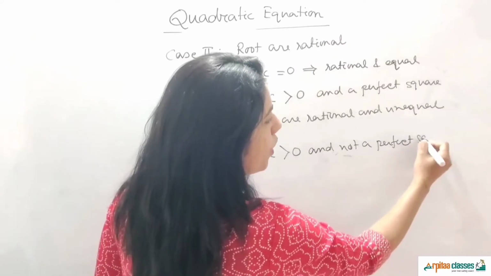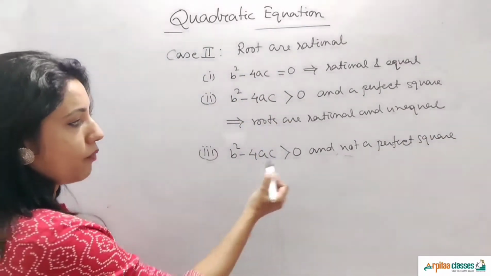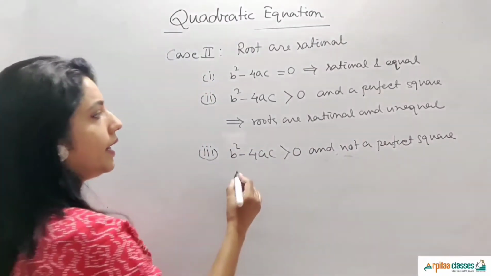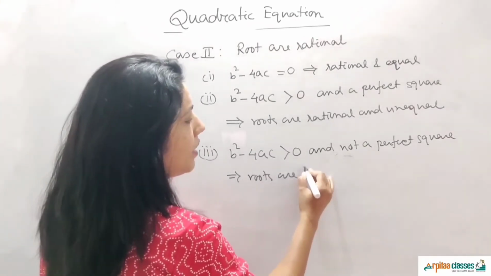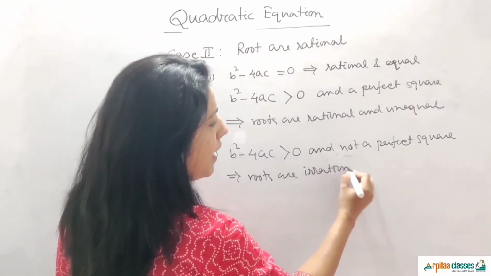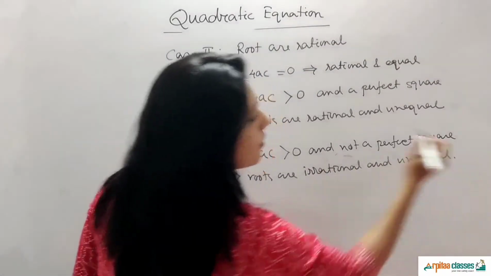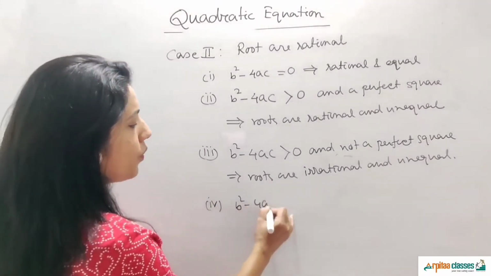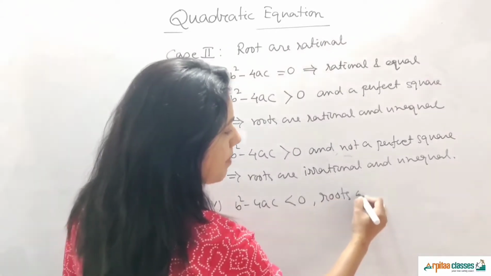If b square minus 4ac is greater than 0, but the value is not a perfect square, in that case roots are irrational and unequal. The last criteria, if b square minus 4ac is less than 0, roots are imaginary.